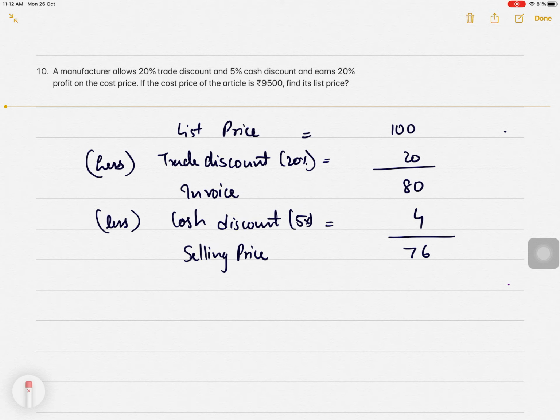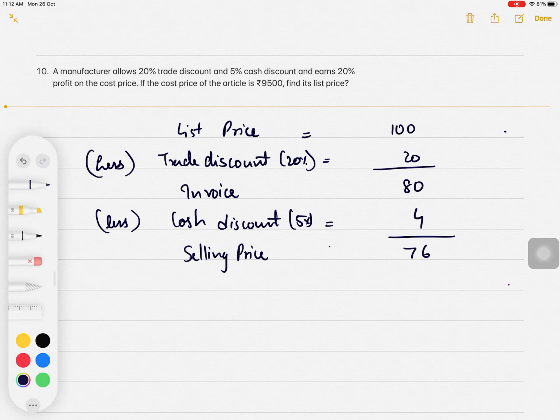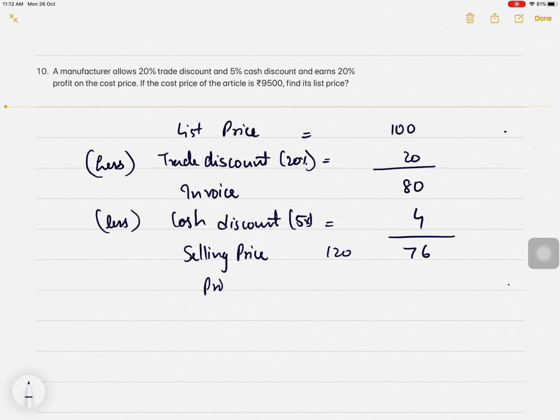Profit is 20% of the cost price. That means if selling price is 120, profit will be 20 and cost price will be 100. If 76 is 120, 100 is how much?